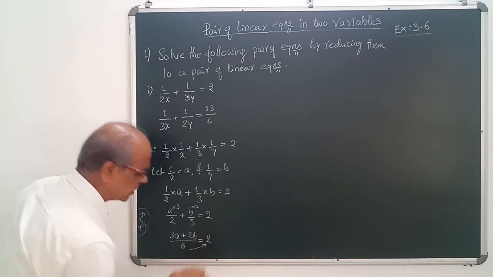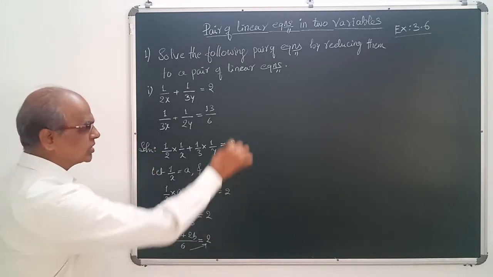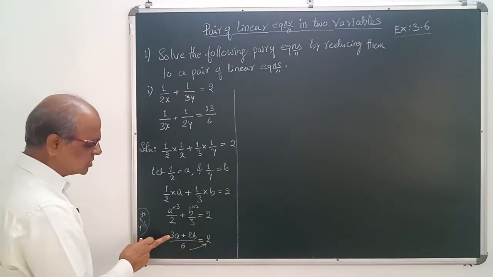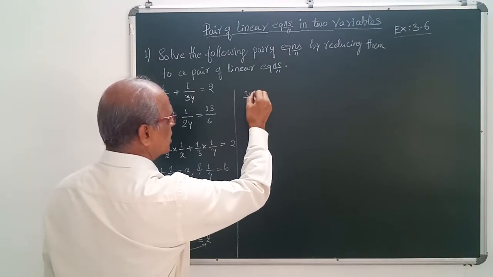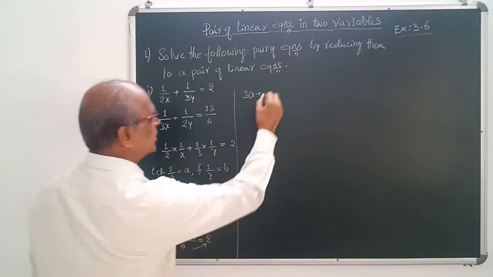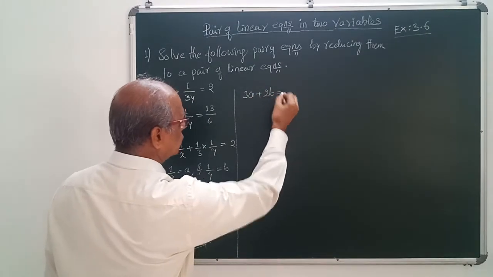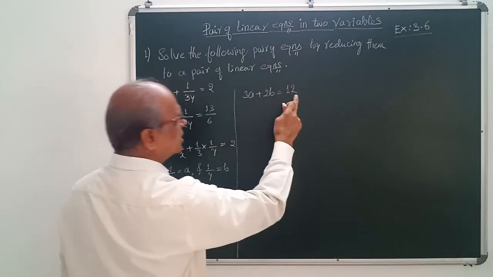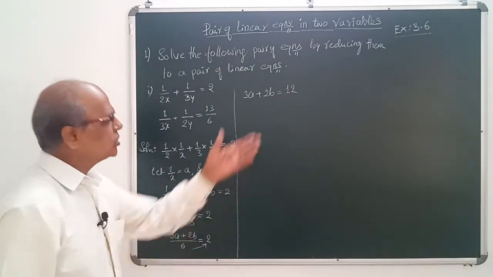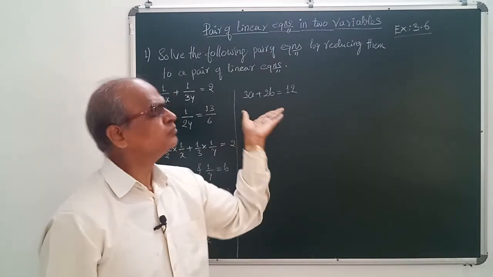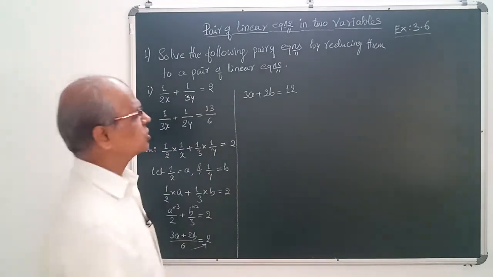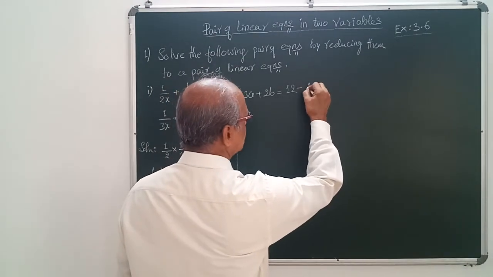Now you cross multiply: 6 into 2 is 12. So 3a plus 2b is equal to 12. If any cancellation is possible or anything can be taken common, you can still reduce this, but in this case it is not possible. So this becomes our first equation.